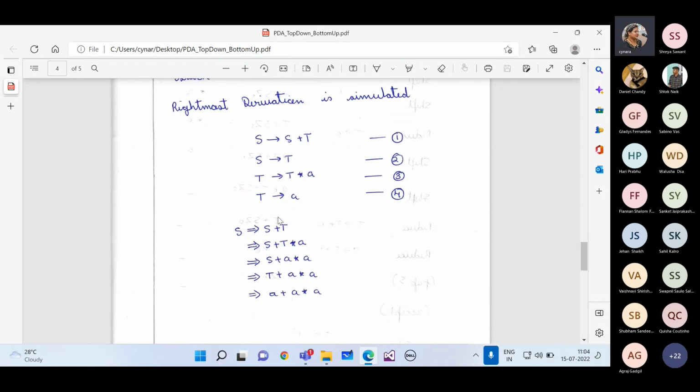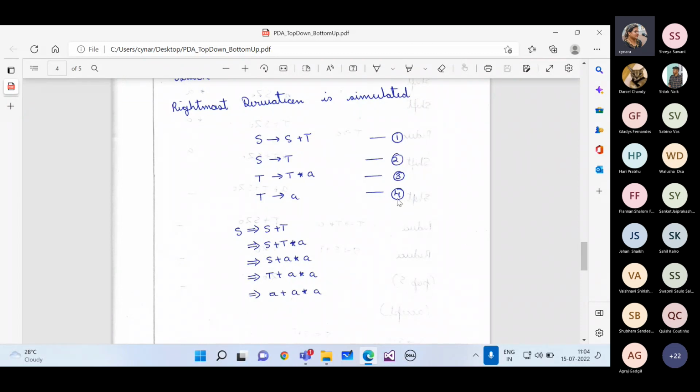Here we have a grammar, and we have used rightmost derivation to derive a string. Let me explain. I have numbered these productions. From S giving S plus T, I will be replacing T, that is, I'm using the third production.